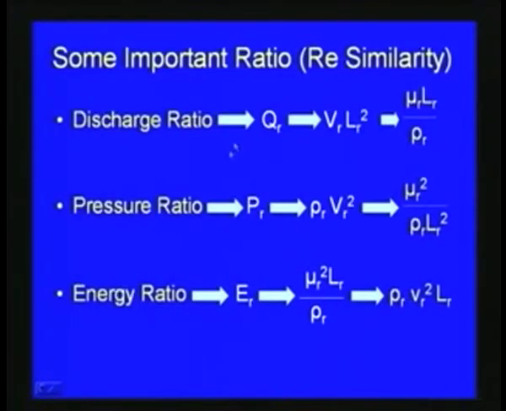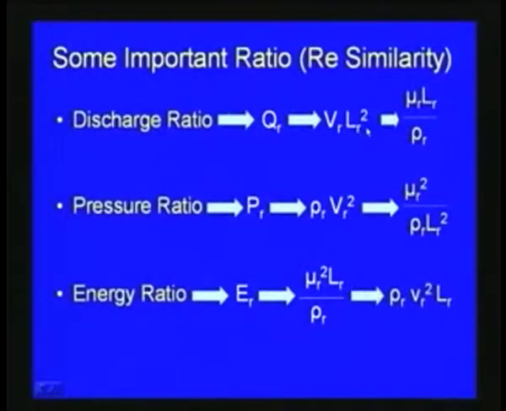Similarly, for the discharge between the model and the prototype, since discharge is equal to V_r into L_r^2, the discharge ratio Q_r is mu_r L_r / rho_r.